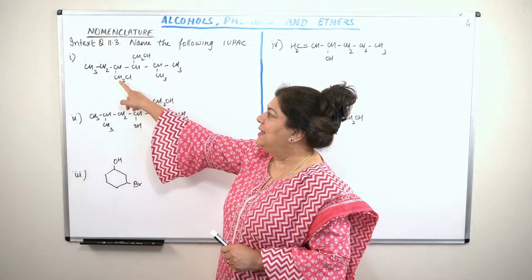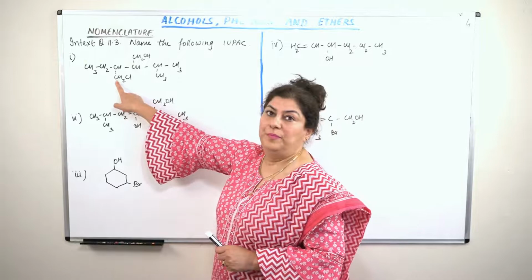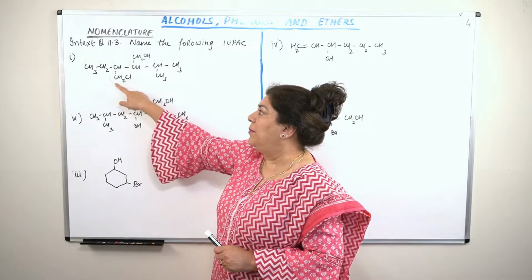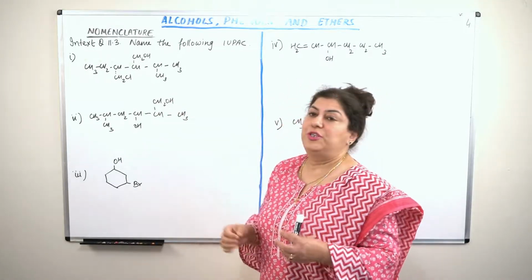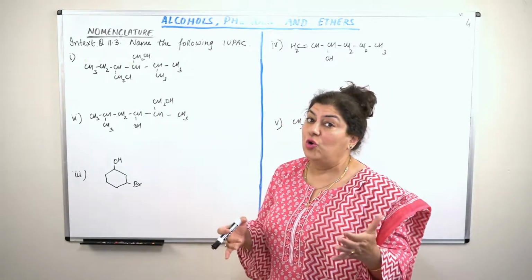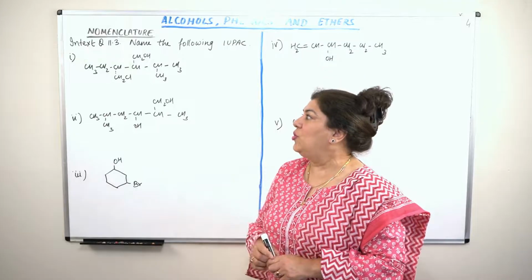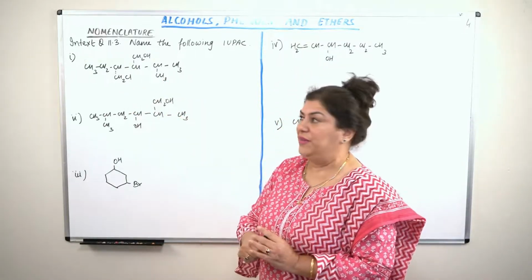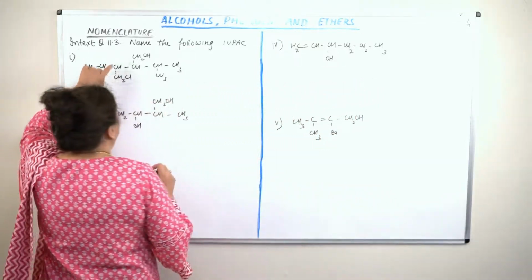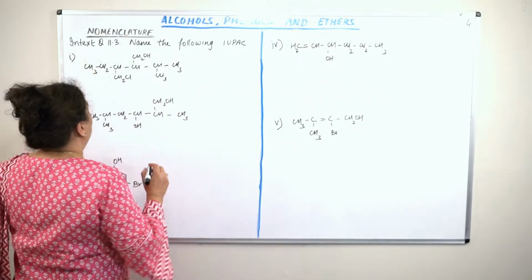And what is this? This is a chloromethyl group. A methyl group is CH3. One of the hydrogens of the methyl group has been substituted by chlorine, so it is chloromethyl. So C comes before M, so we write chloromethyl first. And what is the locant? Which carbon is chloromethyl attached to? It is attached to the third carbon.